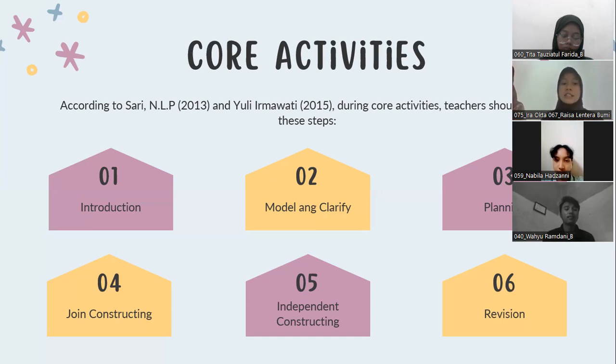Then the teacher asks the students to read it. One of the students is asked to read the text aloud. After that, the teacher asks some questions to the students like, what do you think is the purpose of the text? Or who do you think is the target audience? After discussing, the teacher leads the students to find the purpose and the target audience of the text.